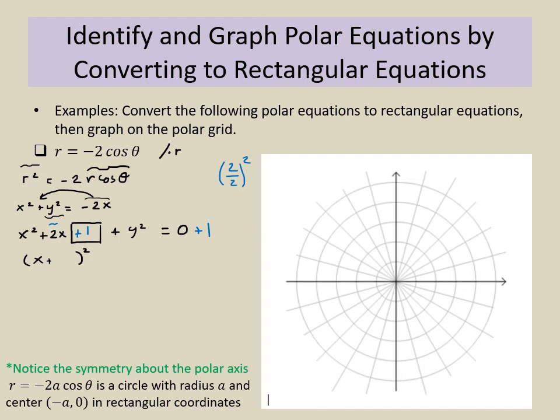Okay, now let's complete the square. So let's factor this perfect square trinomial. What does that give us? That gives us x plus, this time it's plus, not minus, because the middle term is plus. This is x plus 1 squared plus y squared is equal to 0 plus 1 on the right hand side, which is 1.